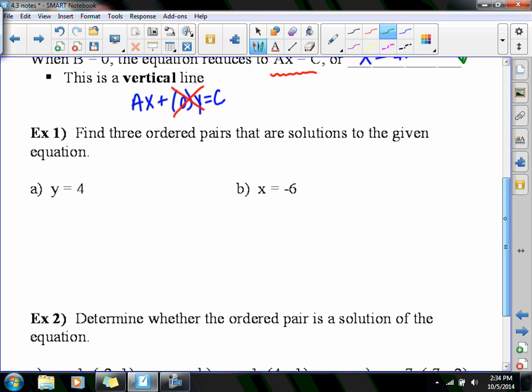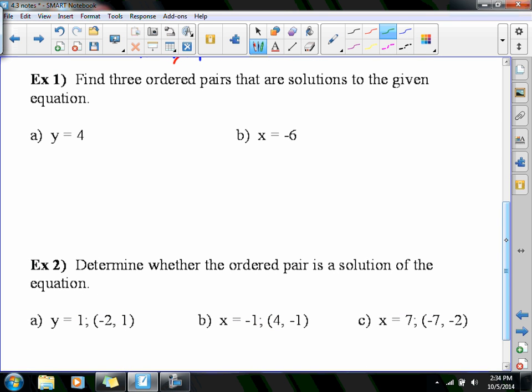So for example 1 here, we're going to start off easy, and we're just going to find 3 ordered pairs that are solutions to this equation. And this is just to make you think before we start to graph. Now, this first equation is y equals 4. If I want to be a solution to that equation, then whatever I plug in for x has to produce 4 for a y value.